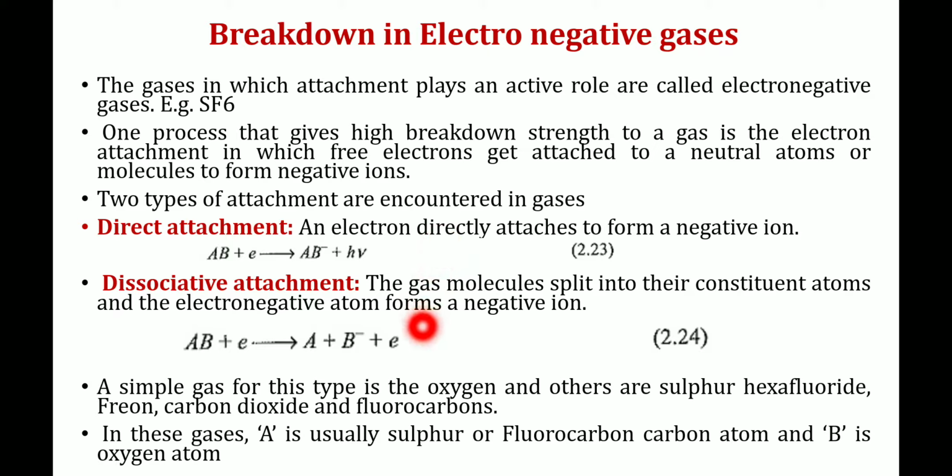So the basic difference is that in direct attachment, the electron is attached to form the negative ion, but in the dissociative attachment process, the gaseous molecule splits into the constituent atoms. As a result it forms the electronegative atom and gives the negative ion itself.